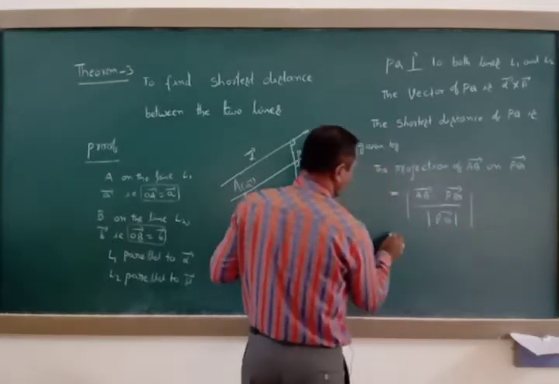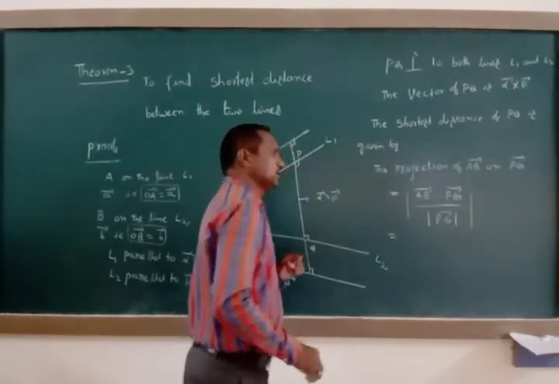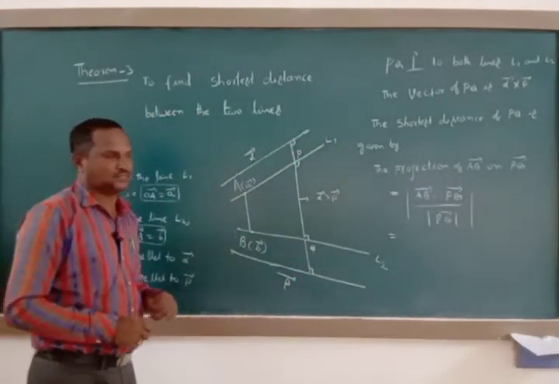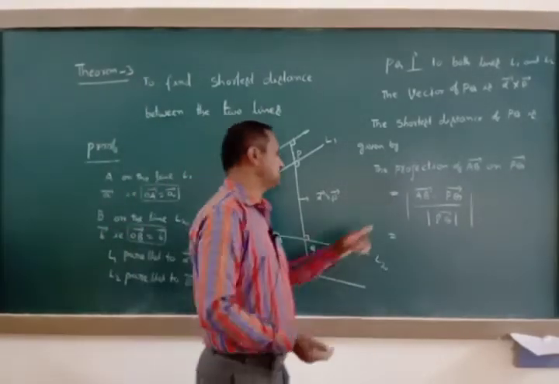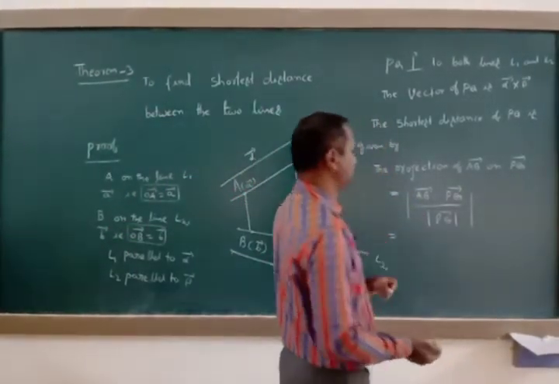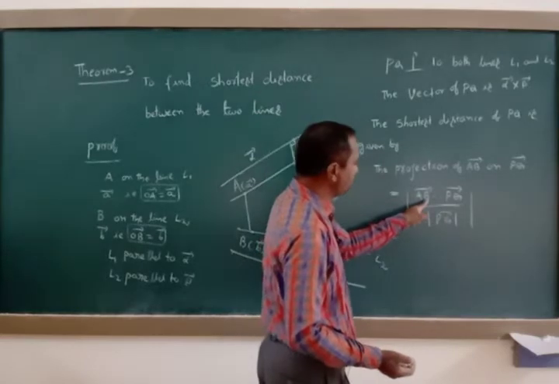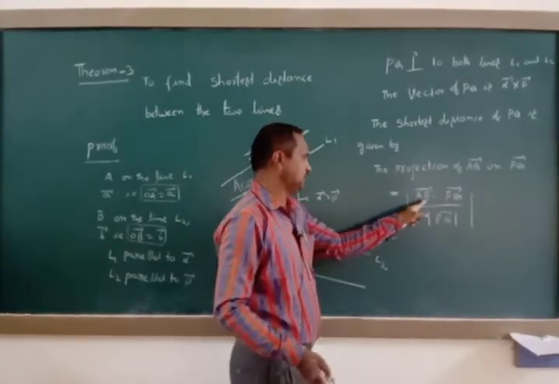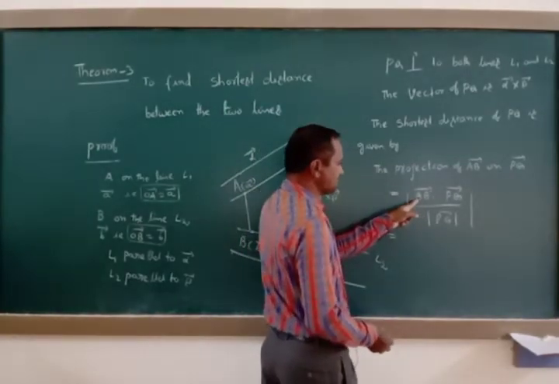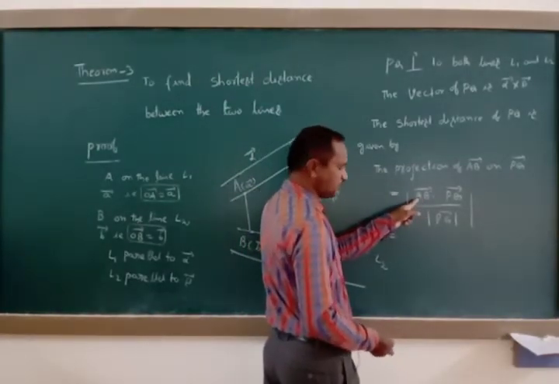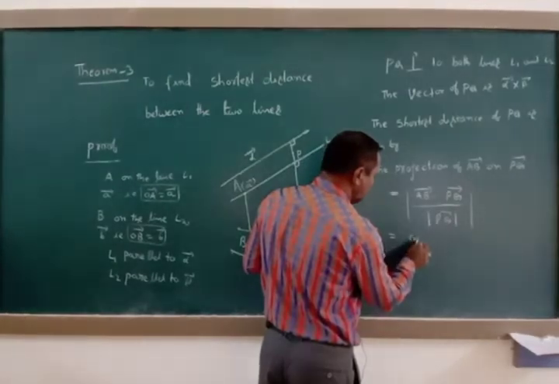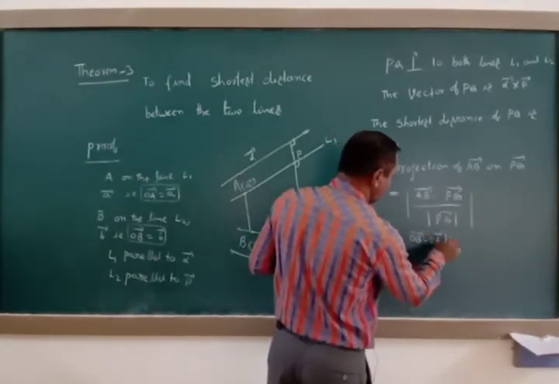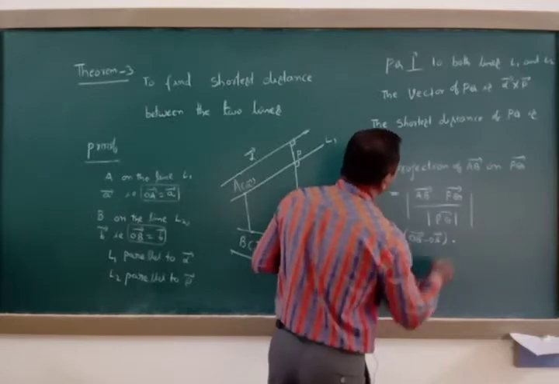Convert the AB vector in terms of position vectors: second position vector minus first position vector, like OB vector minus OA vector, dot PQ vector.